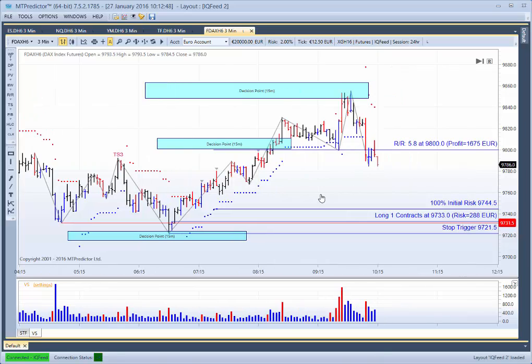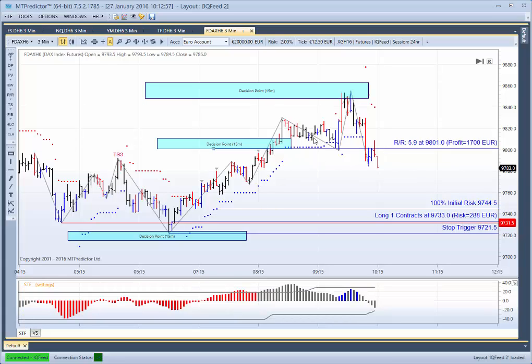Large degree trend was up into that next DP, which is our target, and there was our profit from it for at least 5.9R, which we then used the ATR stop because the STF was strong beyond our strength band to then manage up into here for a potential 6.4R profit. So a very good example of what we're looking for in our VS setup, or a volume spike setup in MTPredictor.